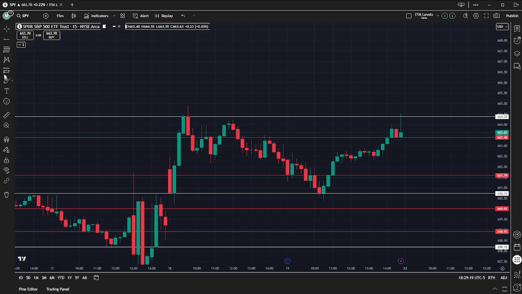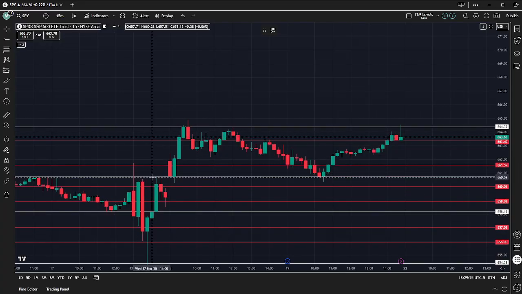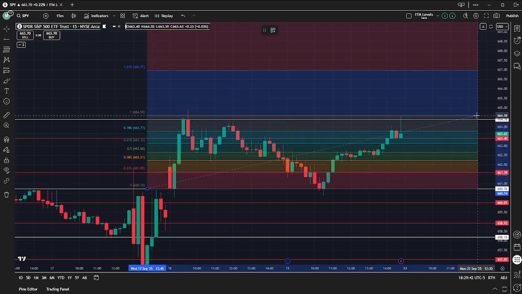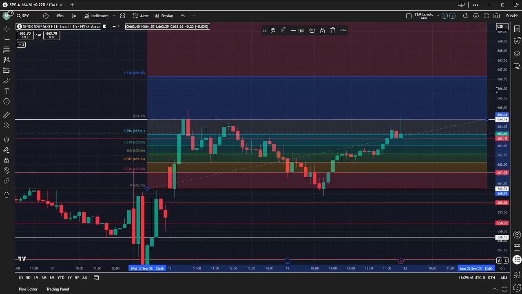Next thing we're going to look at is how we get levels to the upside at all-time highs. The main thing I usually use is my fib. I click the fib retracement indicator on TradingView and line it up from one key pivot to the other: my level at 660.74 to my key pivot at 664.39.